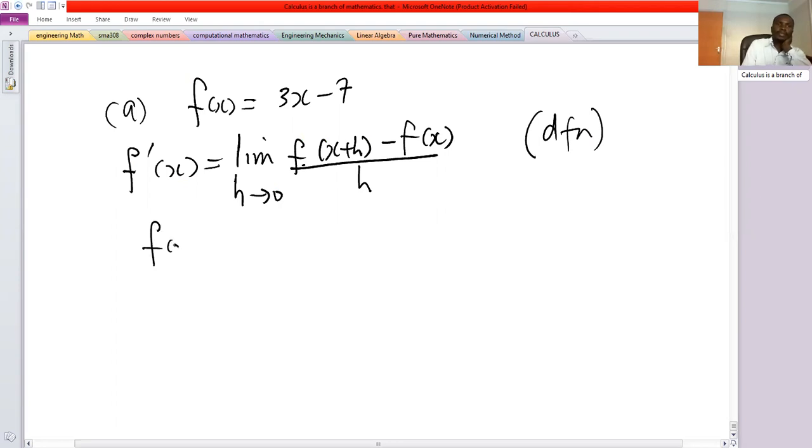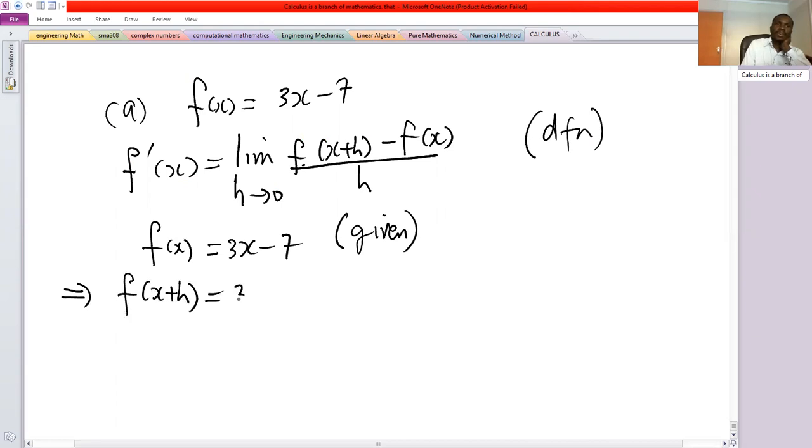Now f of x is 3x minus 7. This is already given in the problem, which implies f of x plus h means where there's x here, you put x plus h. So which will be 3x plus 3h minus 7.